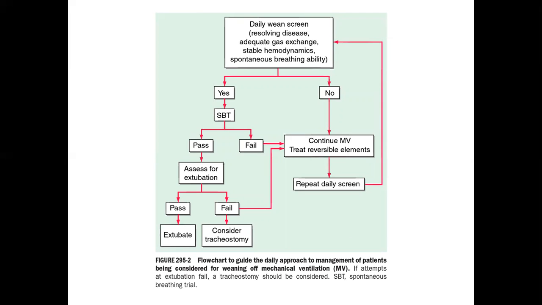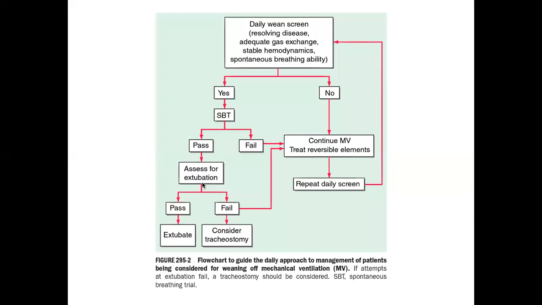So there should be a daily wean screen. Check whether the underlying disease has resolved, whether there is adequate gas exchange, whether hemodynamics are stable, and whether the patient is breathing spontaneously. If yes to all of these, then start a spontaneous breathing trial. If the patient passes, assess for extubation.